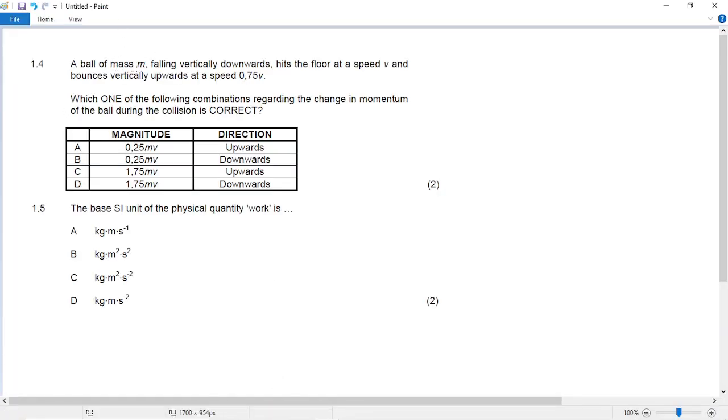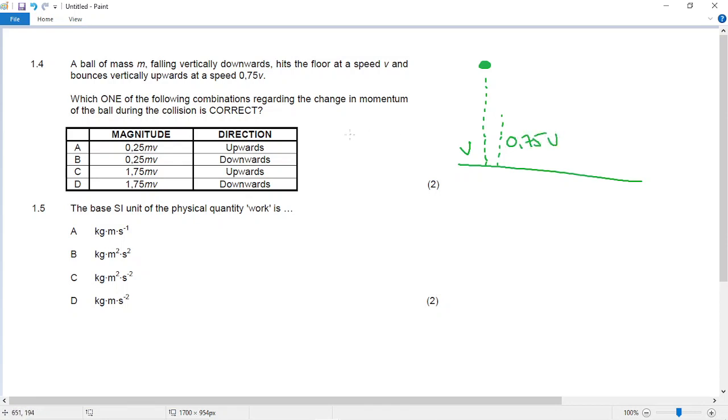It says, a ball of mass m falling vertically downwards hits the floor at a speed v and bounces vertically upwards at a speed of 0.75v. So let's draw this. Here comes the little ball here, and it goes down to the floor here, and it hits the floor at a speed v, and then it bounces upwards at 0.75v.